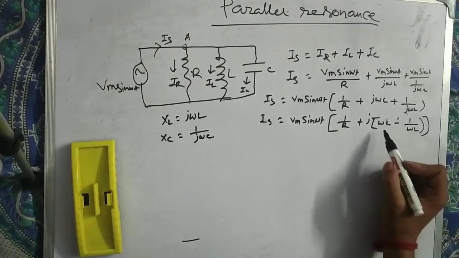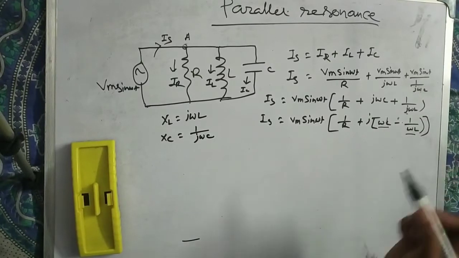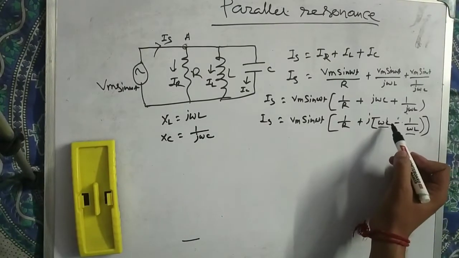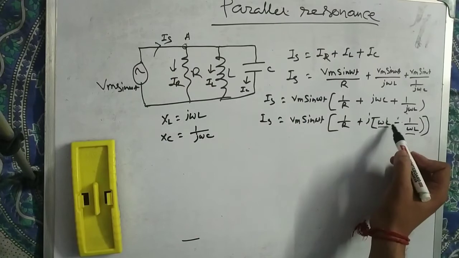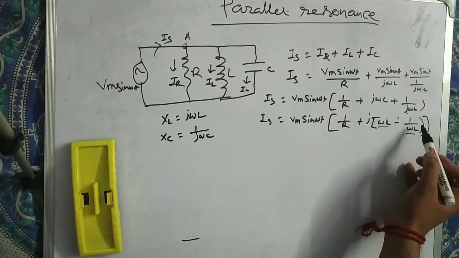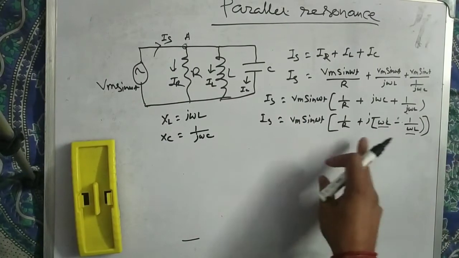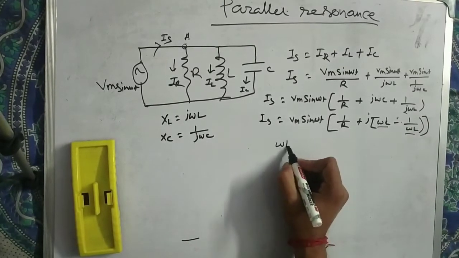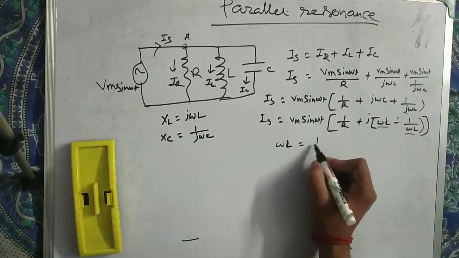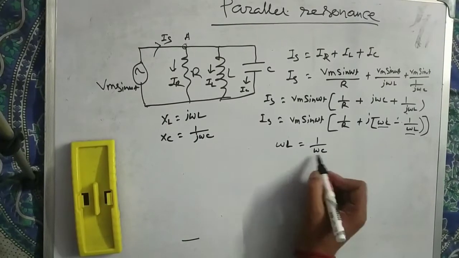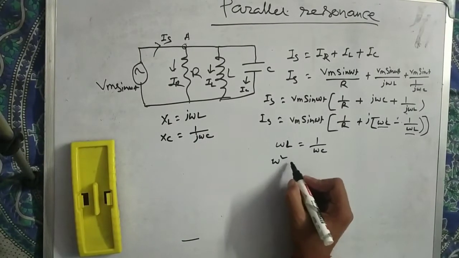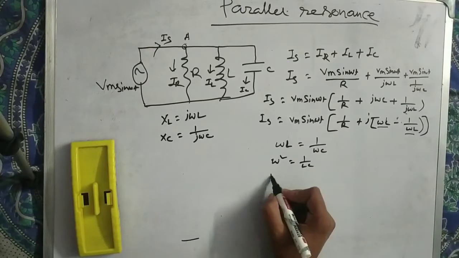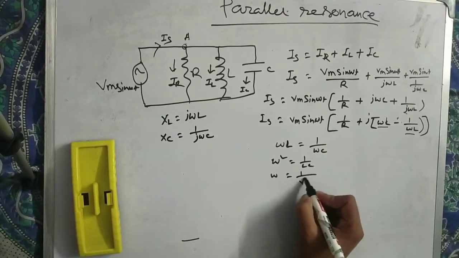So if the inductive admittance equal to capacitive admittance, then what will happen in the circuit we will see. If at some frequency omega L equal to 1 by omega C, then omega square equal to 1 by LC and omega equal to 1 by root over LC.